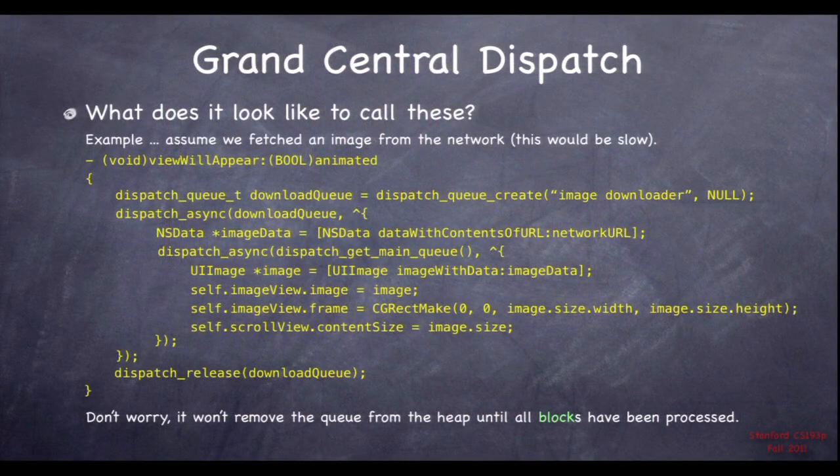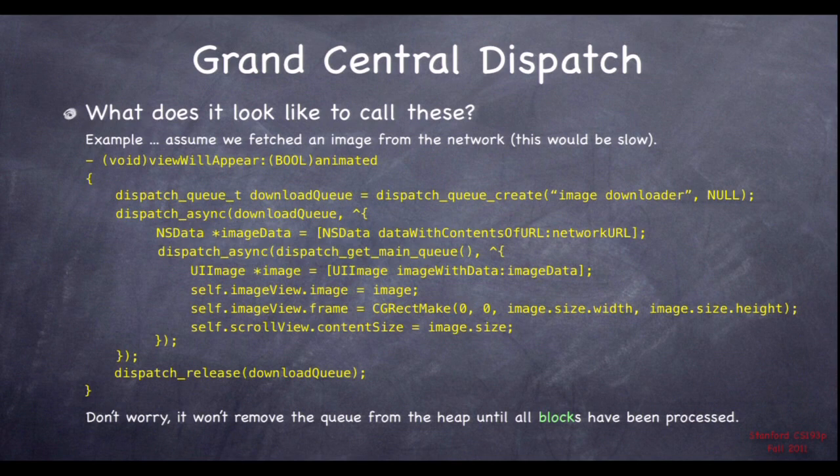Now, there's still a problem with this, which is the memory management of that download queue. These queues are not objects, they're C things. So you actually have to call dispatch release on the download queue. What that says is I'm otherwise done with this queue. And why I say otherwise is I posted a block on it. So when I say release, I mean I'm done as long as there's no blocks left on this queue.